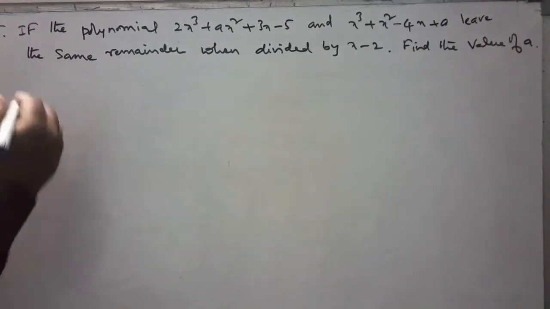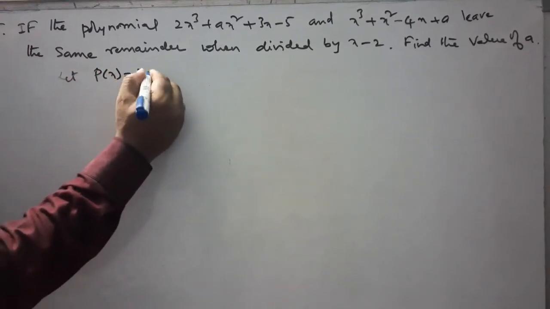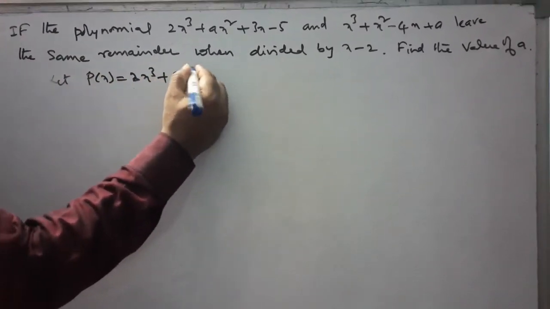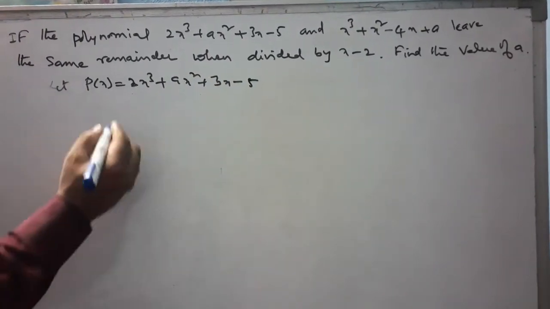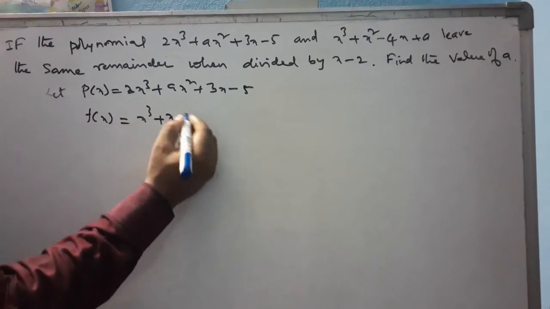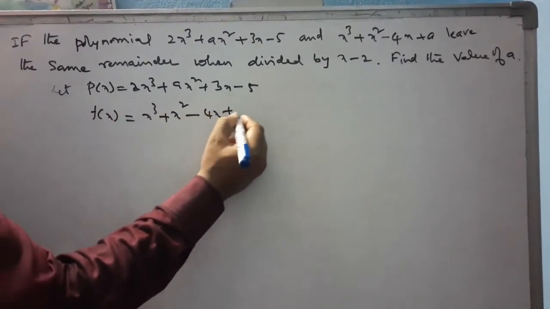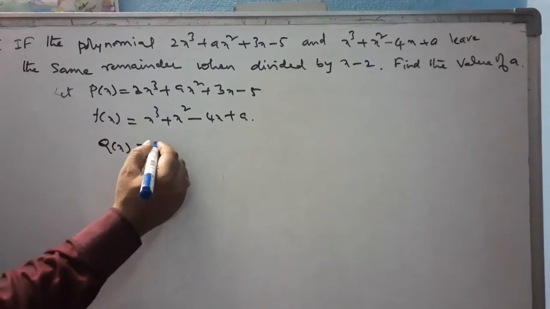For this one we have to take, let p of x is equal to 2x cube plus ax square plus 3x minus 5, and f of x is equal to x cube plus x square minus 4x plus a, and q of x is equal to x minus 2.